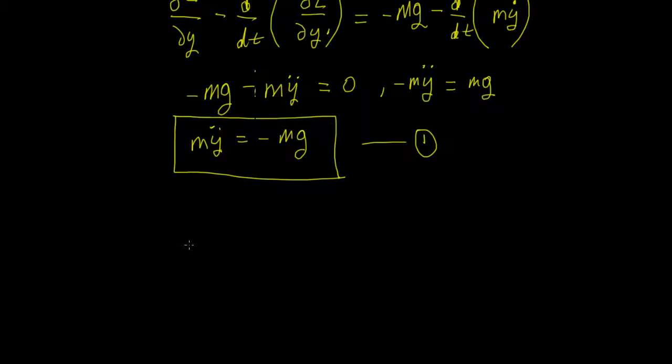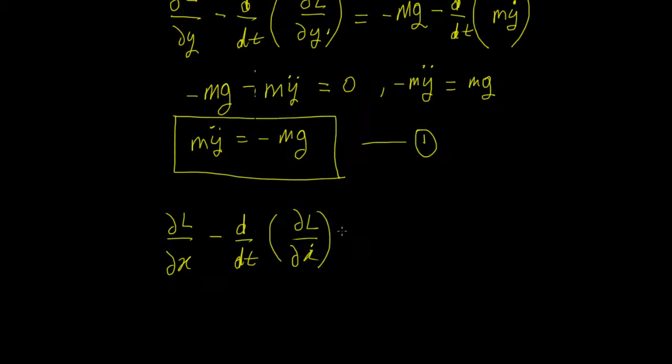Now we can get number 2 by doing the same thing, only with respect to x. So we have partial L by partial x minus d by dt of partial L by partial x derivative.